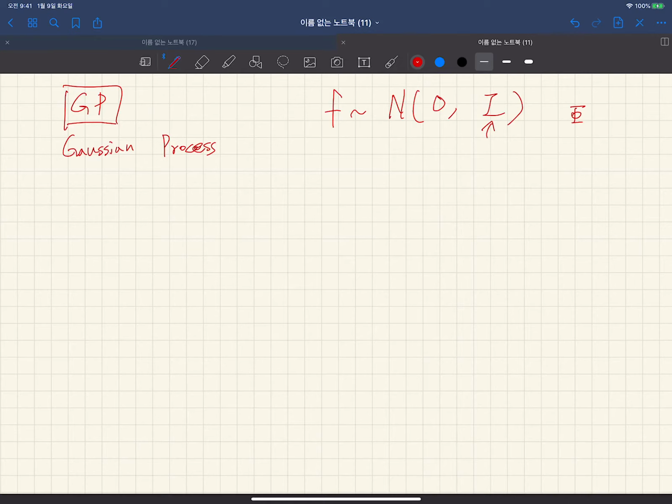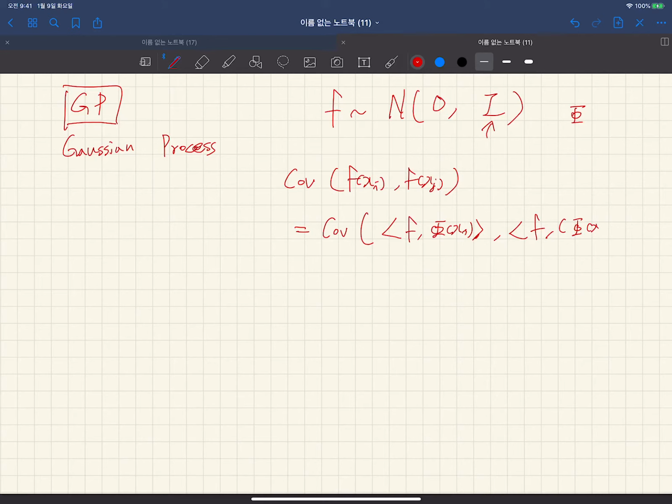So what will happen if f follows zero mean and identity covariance matrix? Basically the covariance between f(xi) and f(xj) is the covariance between the inner products of f with phi(xi) and f with phi(xj), right? And how to compute the covariance between two inner products?